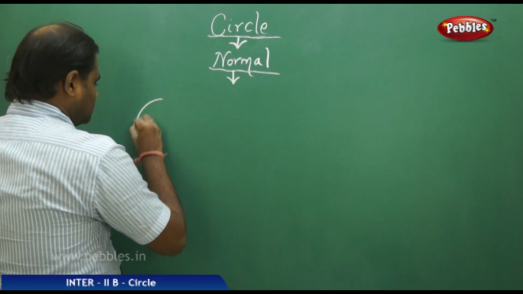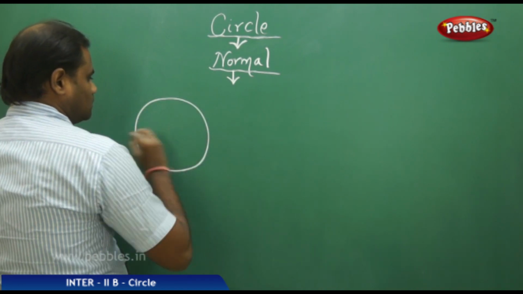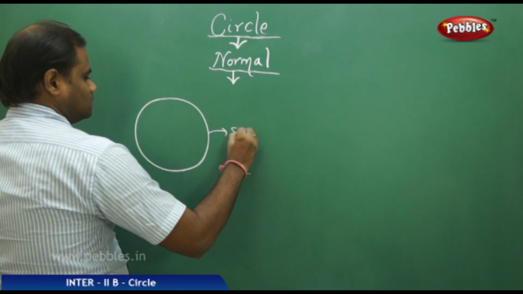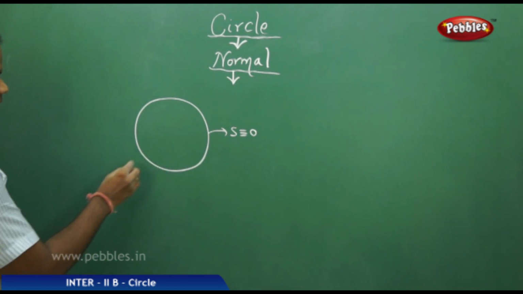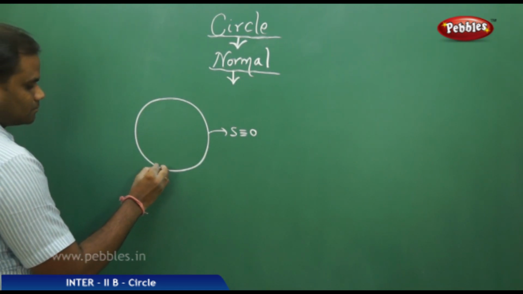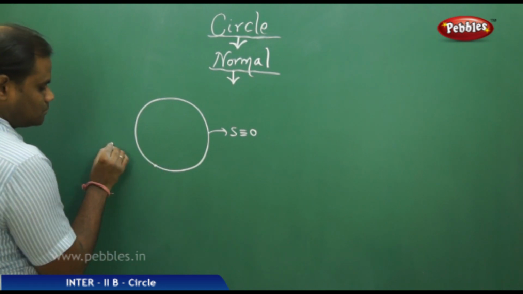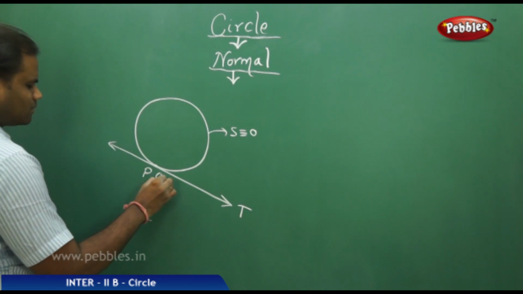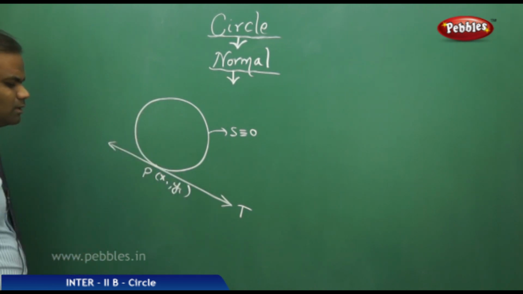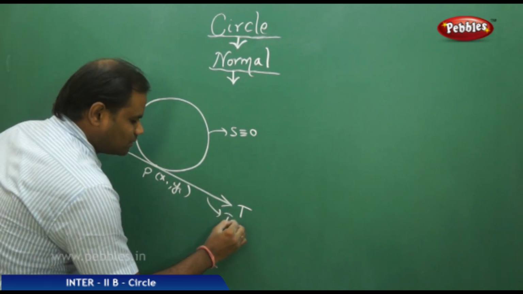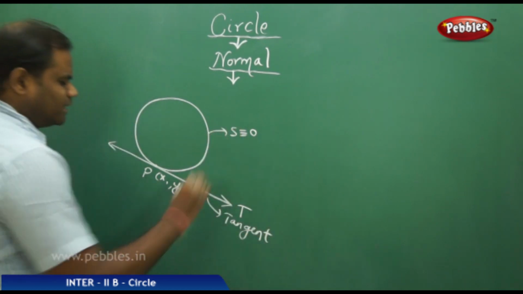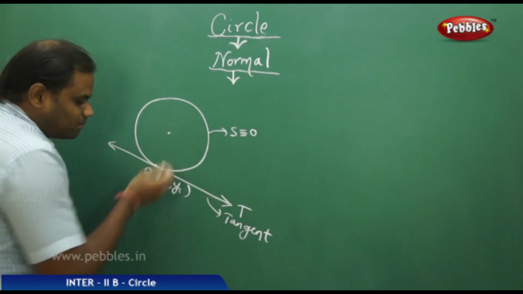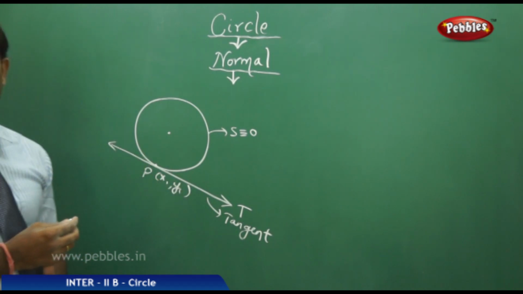So I have a circle S equals 0. For this circle, let me draw a tangent at P. So this is the tangent at P(x1, y1). If this is the tangent for the circle, then any line which is perpendicular to the tangent and passing through the point of contact is the normal.